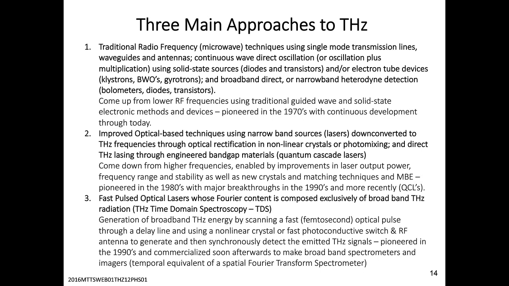The first is what I just talked about mostly, which is the traditional radio frequency technique where we take microwave transmission lines, waveguides, antennas, sources, and detector technology, and we translate it up in frequency into the terahertz regime in order to capture the spectral content that exists only in that wavelength band.